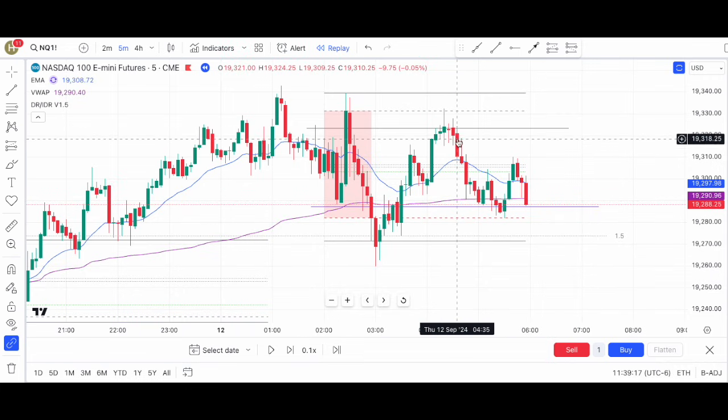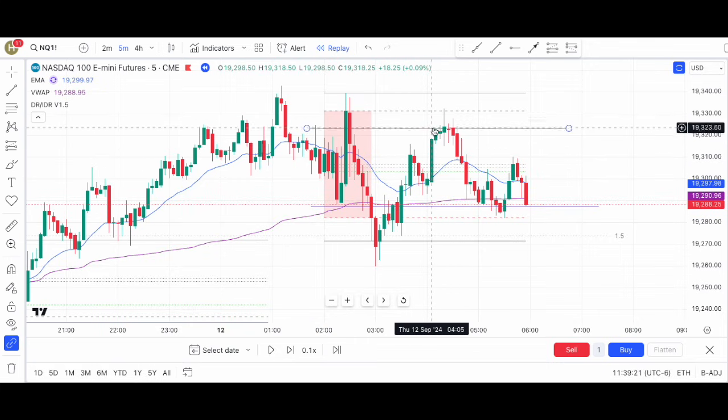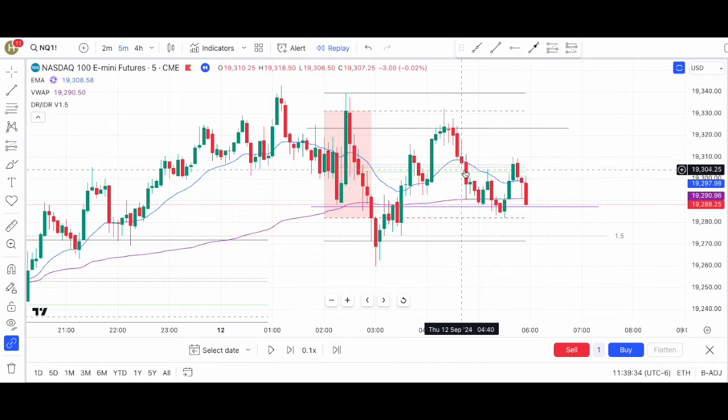Okay, wait, before we start, another thing that I like to look at is the pressure. So I count how many bars. For example, you see how we had a whole bunch of green bars? 1, 2, 3, 4, 5. That is a lot of green bars all in a row. So we had a lot of pressure going up, but then we had 1, 2, 3, 4, 5 coming down. So that was equal amounts of pressure there. And now we have a green and a red.